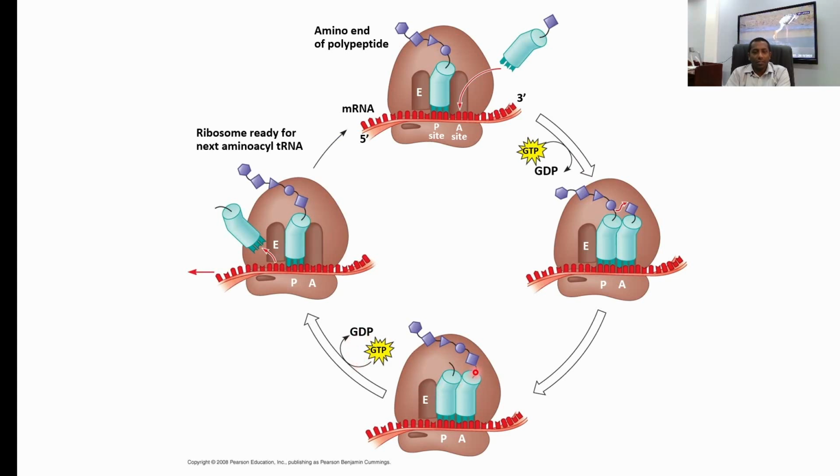So once the tRNA molecule passes down its polypeptide chain to the newly arrived tRNA molecule, the previous tRNA molecule exits from the ribosome and goes into the cytoplasm.